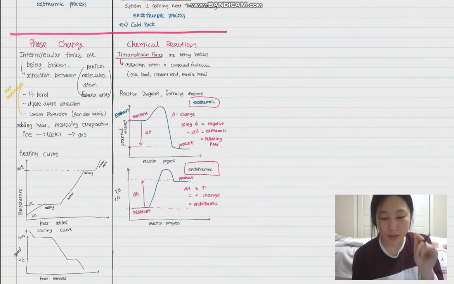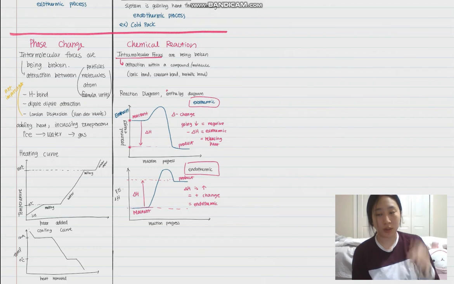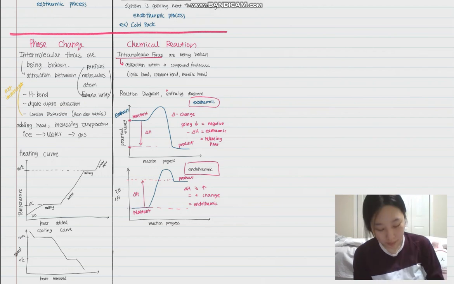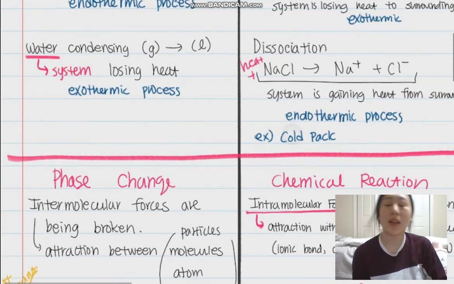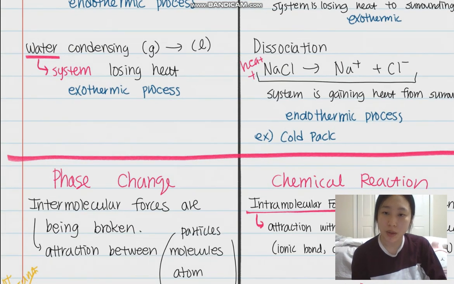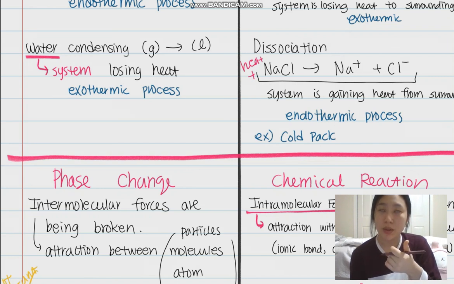There are several things that I do need to add, which will create another note in the future, but for right now, let me know if you have any questions about these, and then I will create another video to talk about delta H, probably about Q equals mc delta T, and some calculations. Alright, bye.